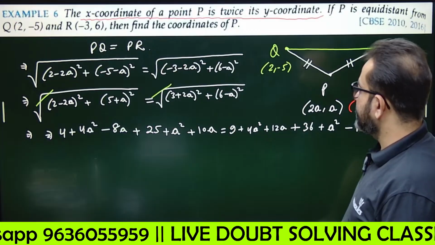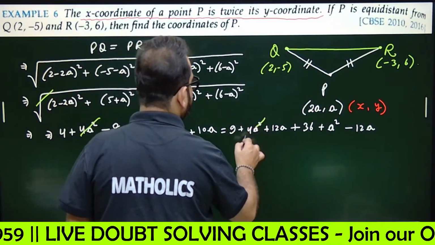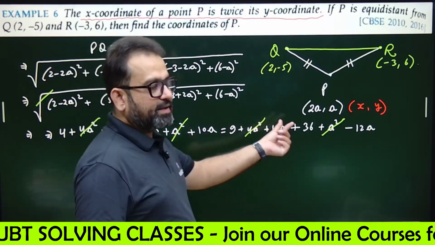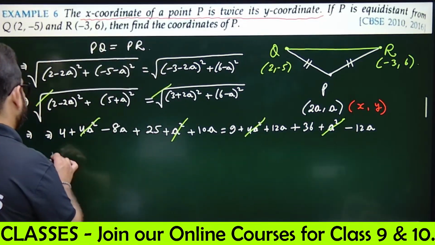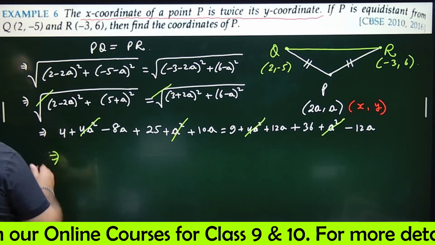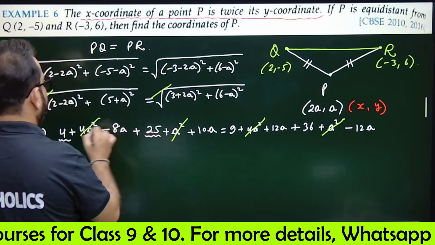If you see on the LHS and RHS, this 4a square and 4a square get cancelled. A square and a square, see, a square are getting cancelled. If it is a square and it is minus a square, it won't be cancelled. So what do I get finally? Add the numbers 4 and 25, that is 29.